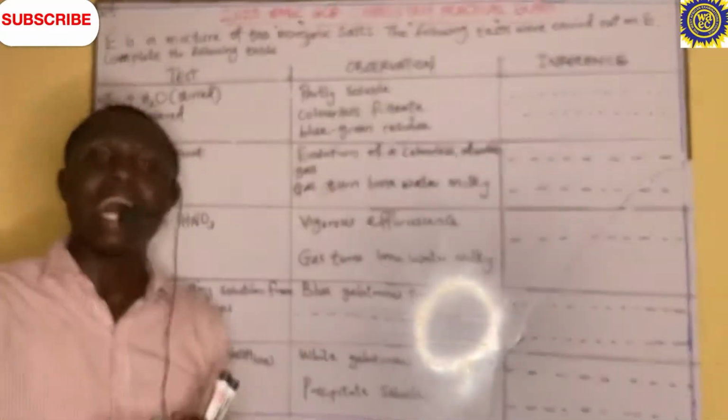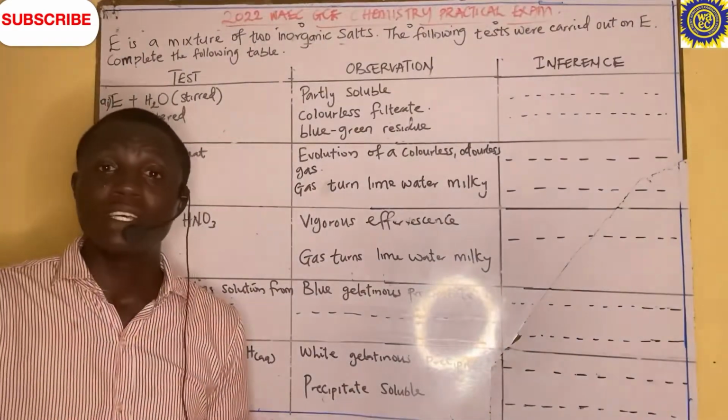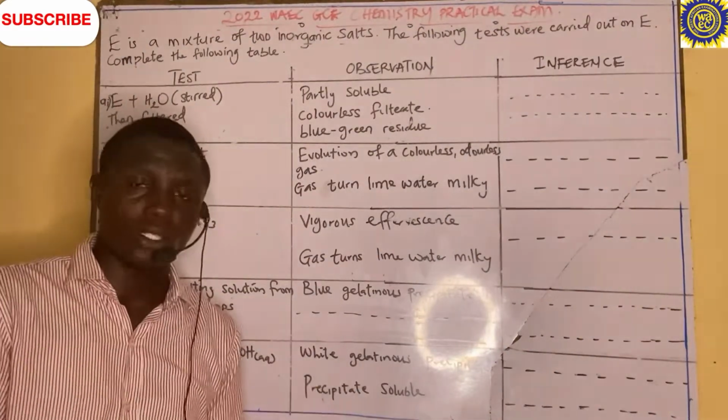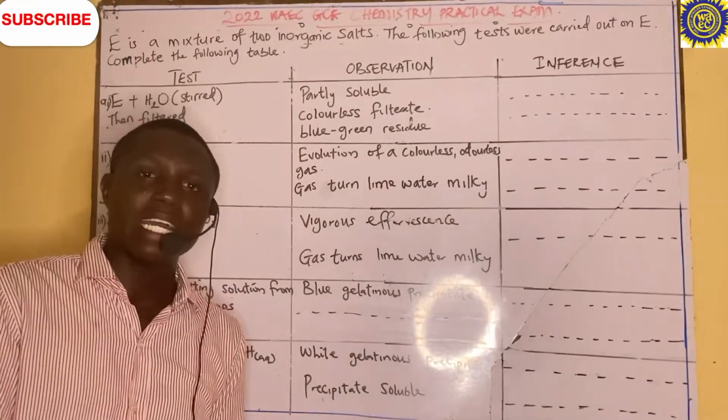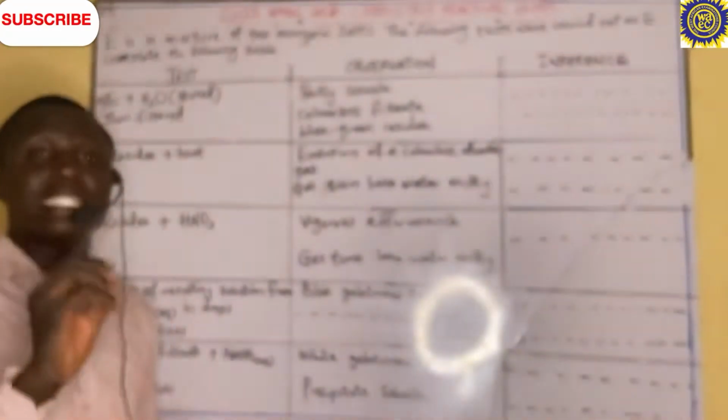Here you are going to be asked questions on how to test for some cations and anions in a given salt, and in some cases they may ask you to detect or confirm a particular gas.